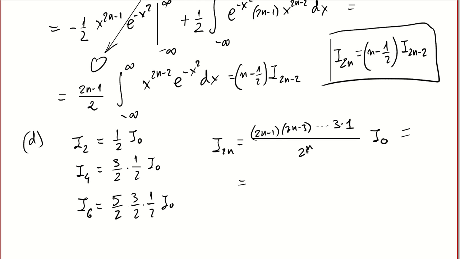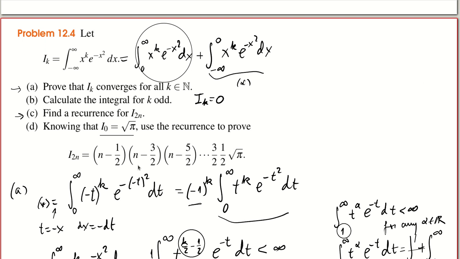Or you can write it dividing every factor by 2, and then you have (n - 1/2), (n - 3/2), etc., 3/2, 1/2, times I_0, which is the square root of pi. And that is the formula that appears right here.